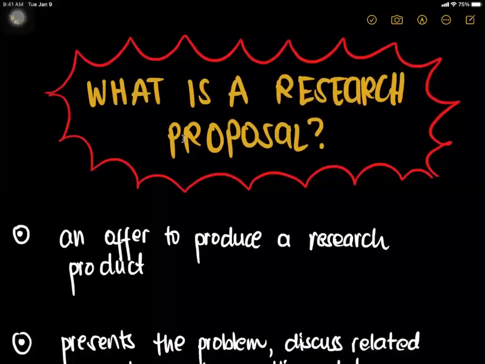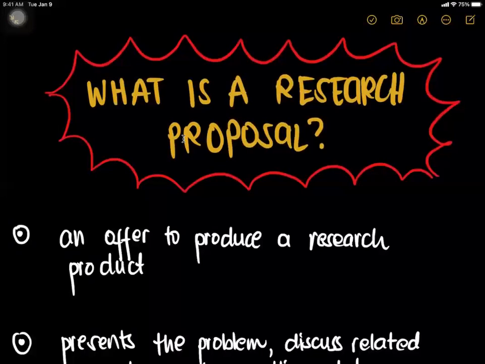But in most cases and in almost all scenarios, the important elements of your research proposal are somehow similar. Because this is a proposal, it's like a plan.